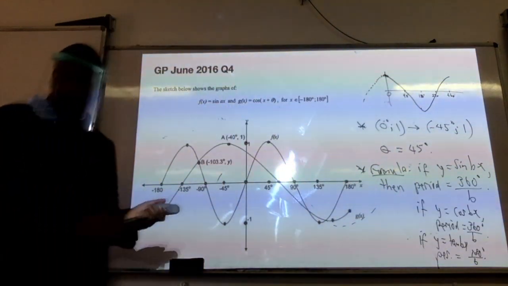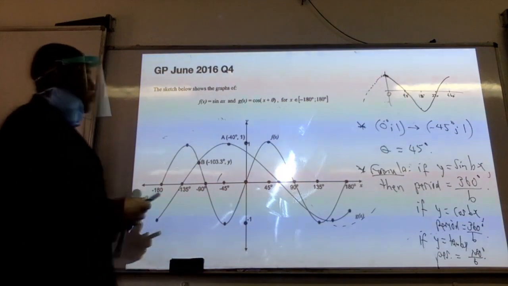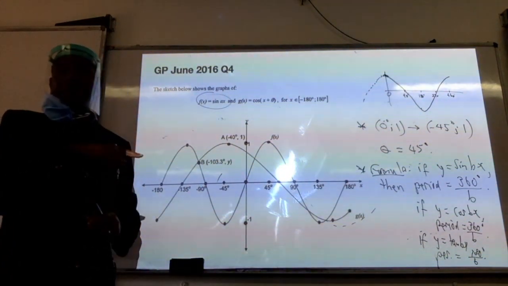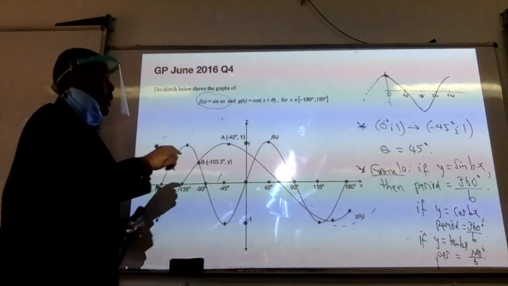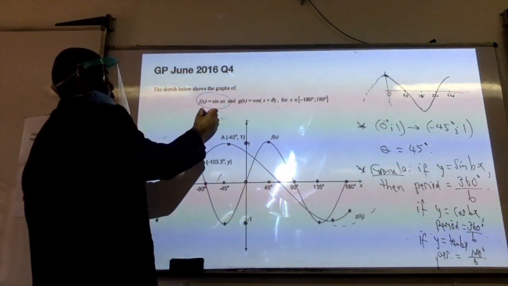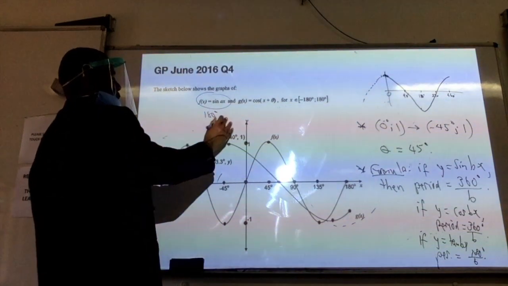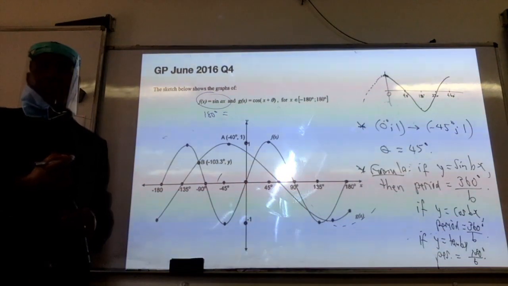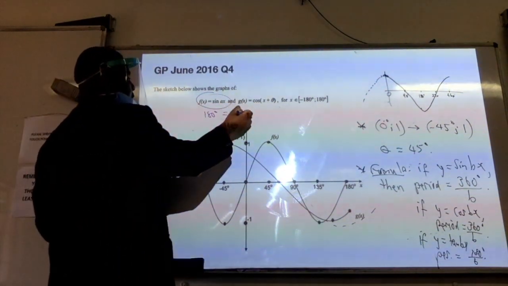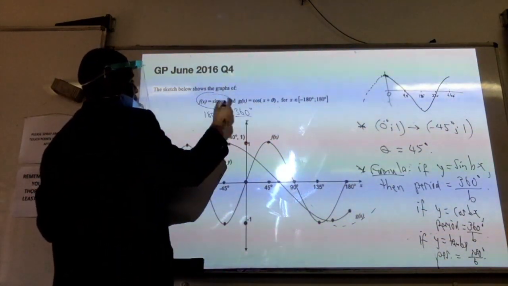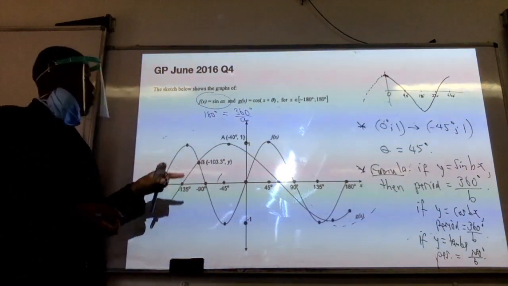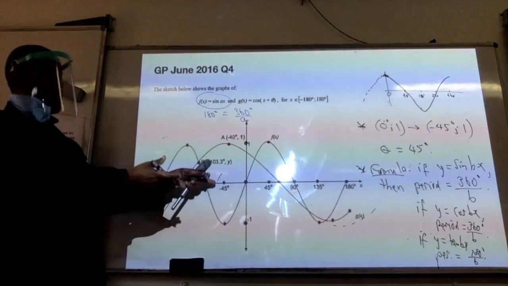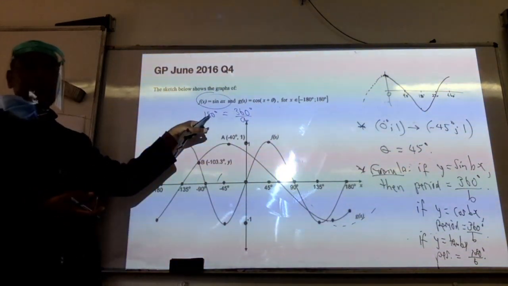All right, so to find A, what did we say the period was? 180. So we said the period was 180 degrees. But how do we work out period? We say 360 divided by A, right? So 360 divided by A should give us the period. But looking at this graph, the period is 180 degrees.